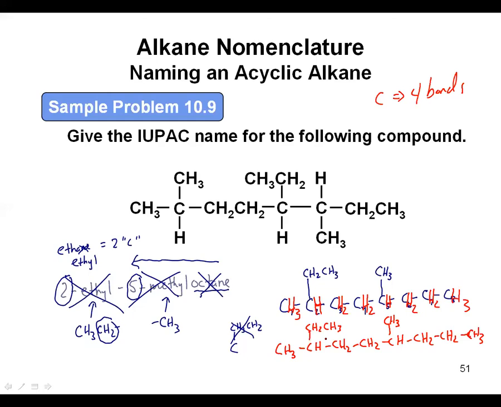You've got to keep everything going in that numbering scheme from left to right. And then everything else, once you've attached all the groups, will be hydrogens until each of the carbons ends up with 4 bonds. As crazy as it sounds, I personally think that drawing the structure from the name is the easiest one, because it actually tells you what to draw if you work your way backwards.